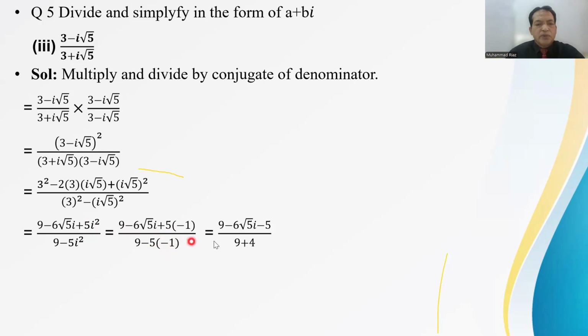Now simplify: 9 minus 6 under root 5 iota minus 5 in the numerator. In the denominator, 9 minus into minus gives plus, so 9 plus 5 is 14.